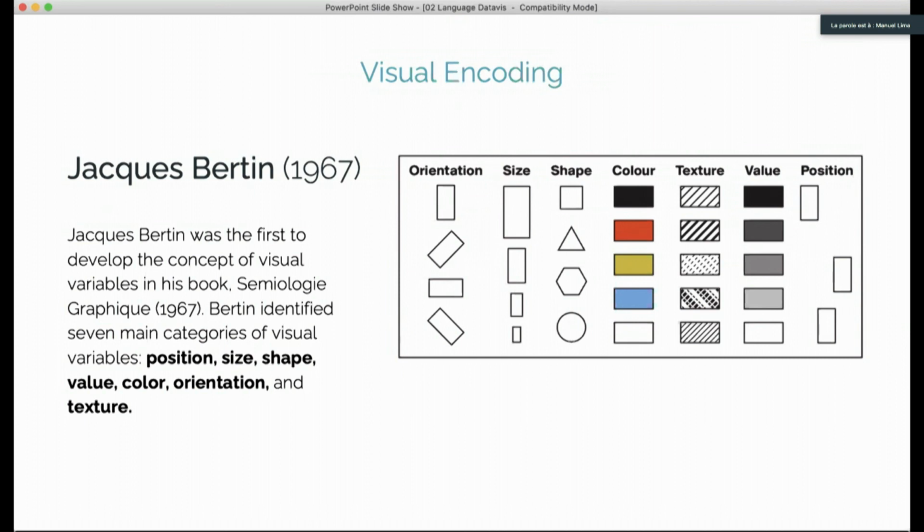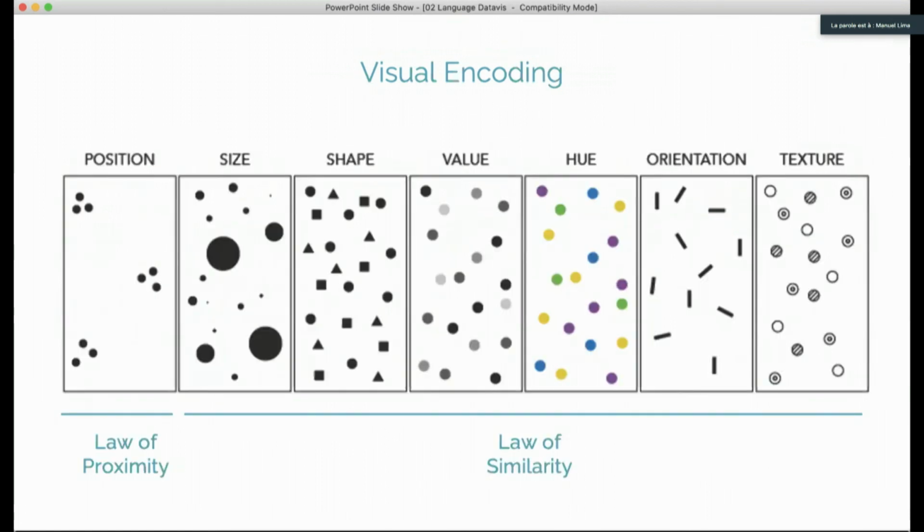Then Jacques Bertin went a step further, right? He actually included some of those building blocks that Dondis identified and said that these are really the 7 main categories of visual variables. This is the alphabet of data visualization, right? The alphabet of data visualization as a language. Things like position, the shape, the color, texture.